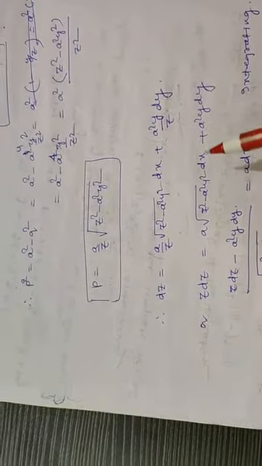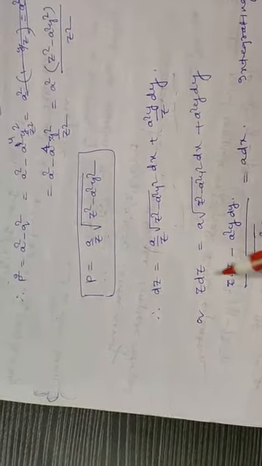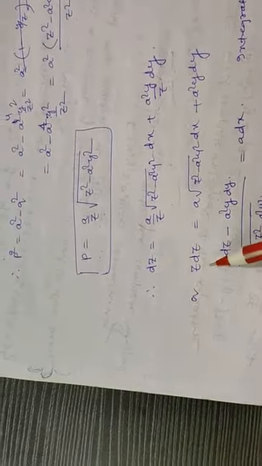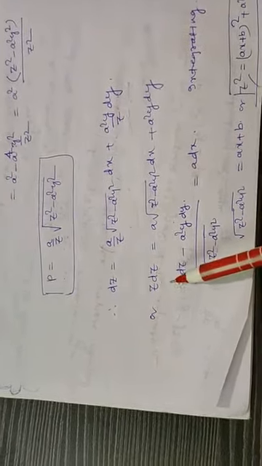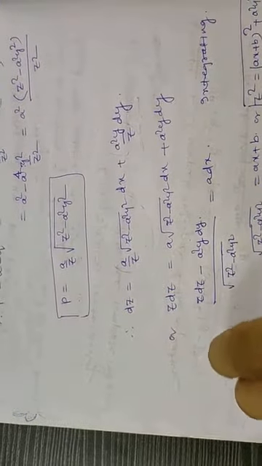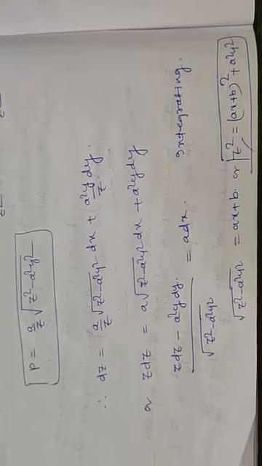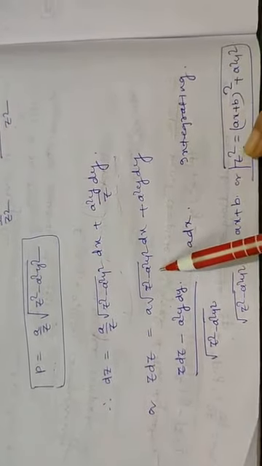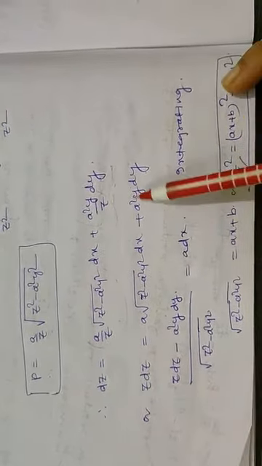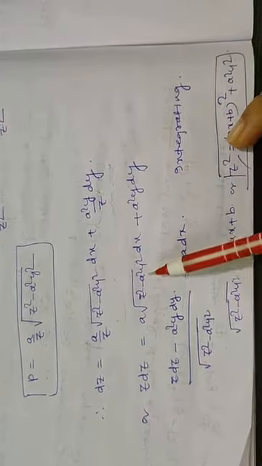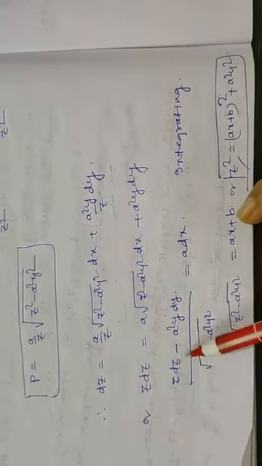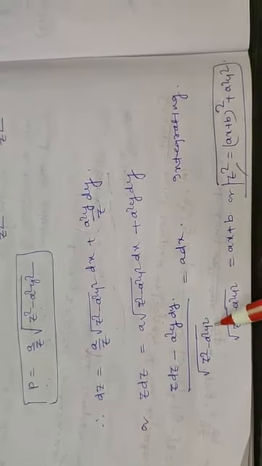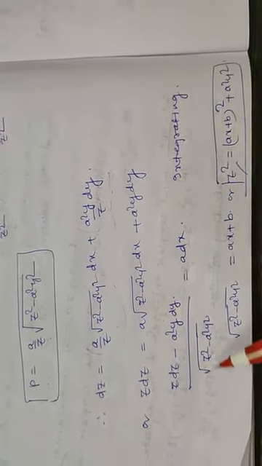Now take this to the left hand side. So z dz minus a square y dy divided by root over z square minus a square y square is equal to a dx. We arranged it in this way.